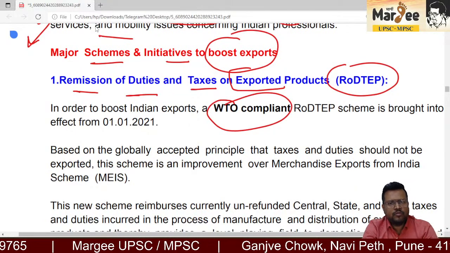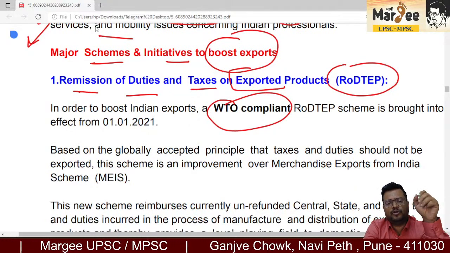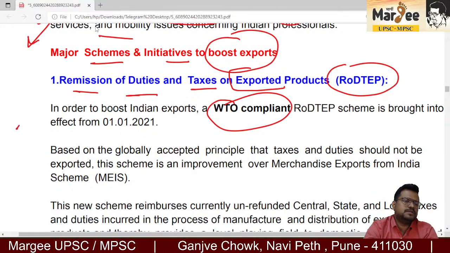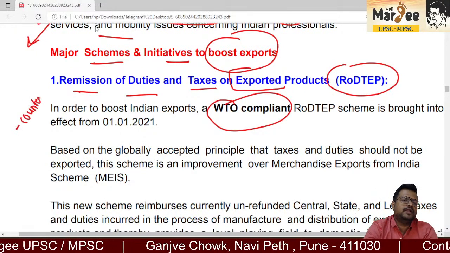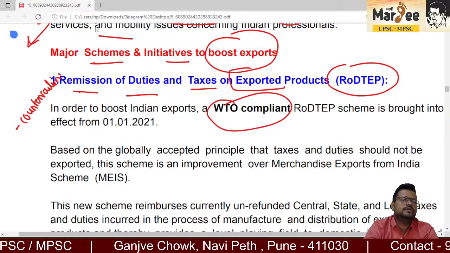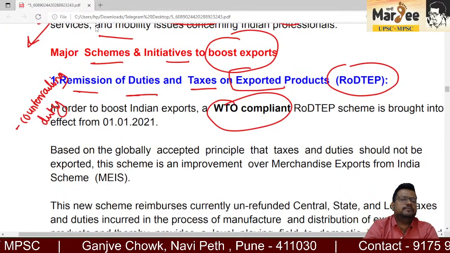See, you must be aware of various WTO measures. One measure in that is countervailing duty.